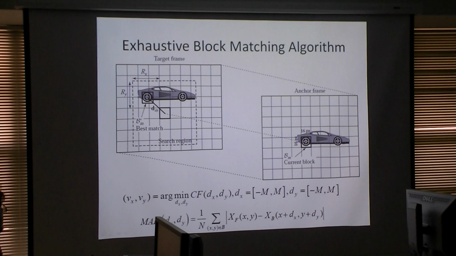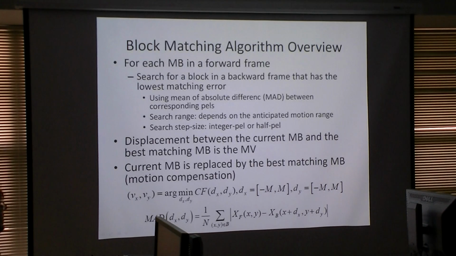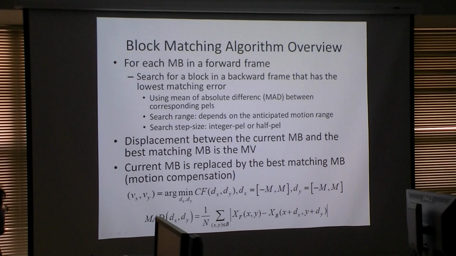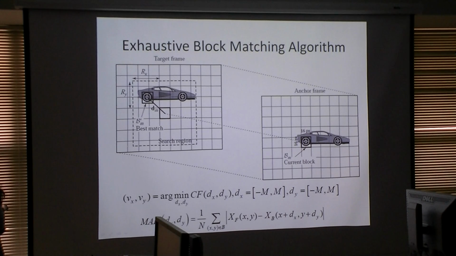For the anchor frame here, we choose a block we want to find a match for. We can see on the right-hand side, the anchor frame has a macro block in a bold square, the current block B_m. The size of this block is 16 pixels by 16 pixels.